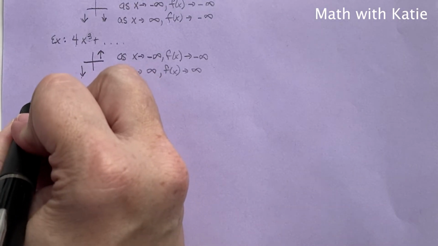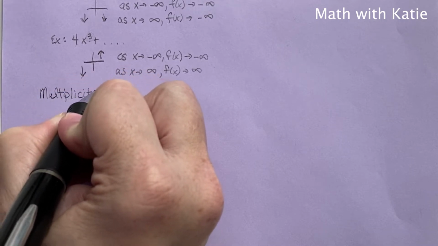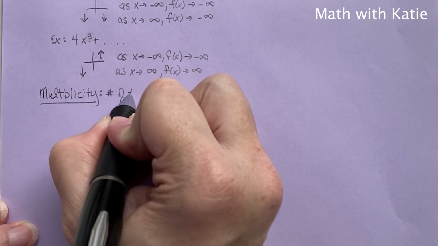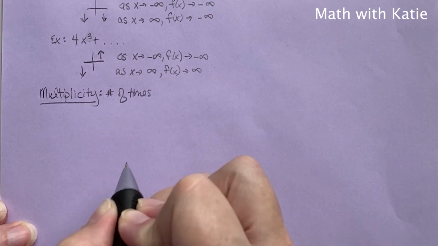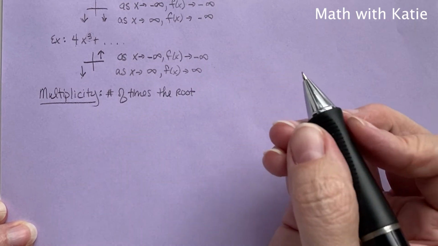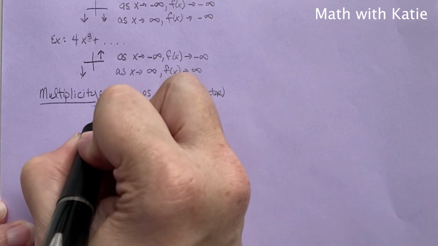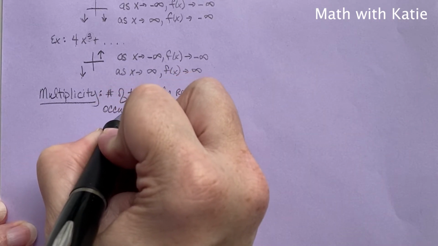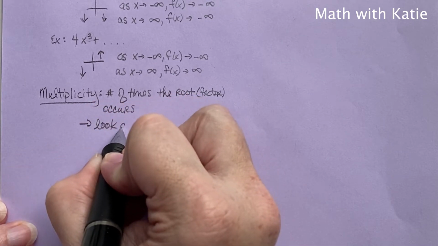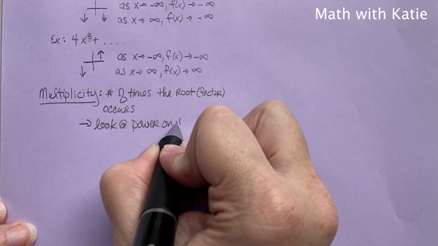All right, now let's look at multiplicity. All this means is the number of times the root, or really what we're going to look at is the factor, occurs. And to do this, you look at the power on the factor.